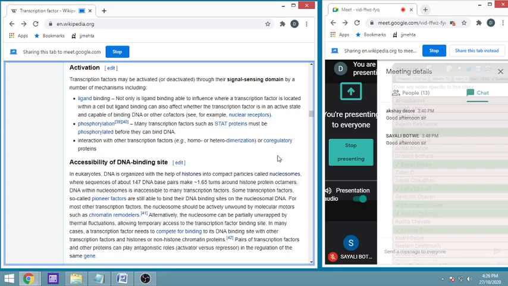So let me tell you why everything you are studying is like this. It is actually a multiple regulatory mechanism, so that at every point there will be a check. For synthesis there will be a check, for activation there will be a check, for the DNA binding site there will be a check. So at multiple levels a check will be there, so that at the wrong time the wrong gene will not be processed or expressed, and the wrong amount of protein, less or more, will not be synthesized.